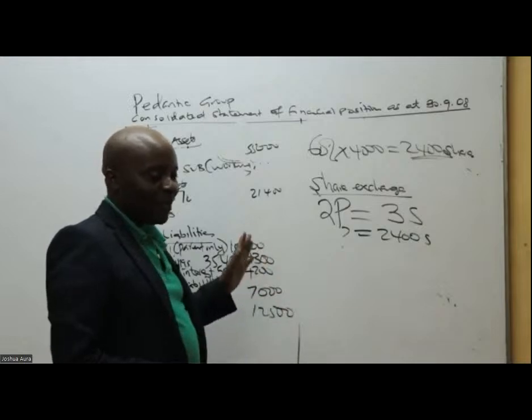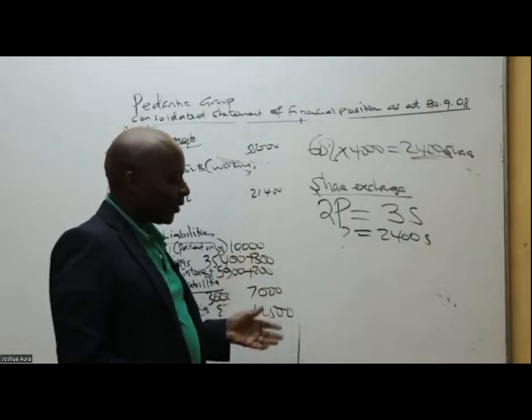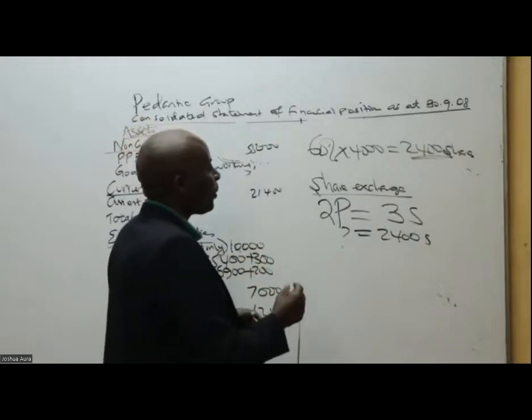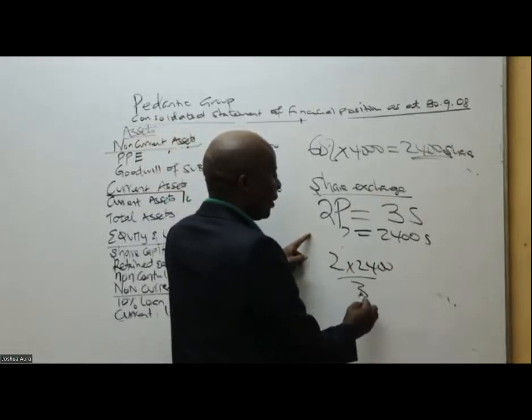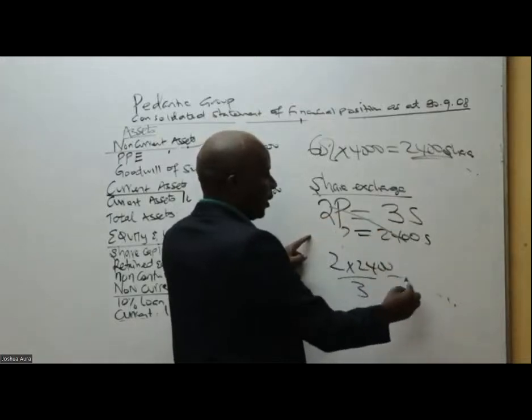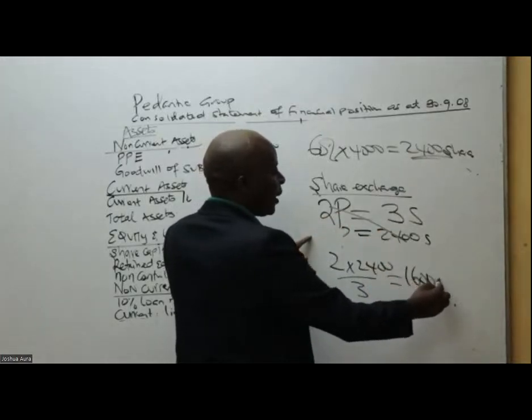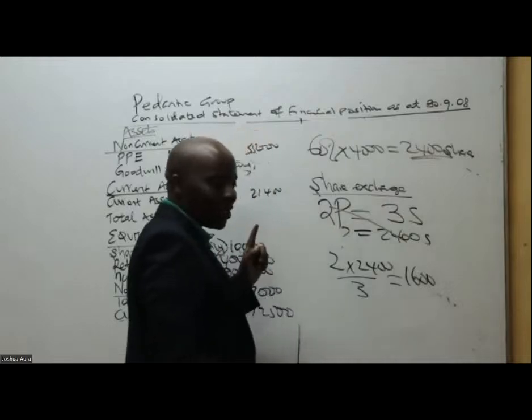Here I know I will repeat the 2 and 3. So if you cross multiply, it will be 2 times 2,400 divided by 3, which gives 1,600. So the parent gave out 1,600 shares.